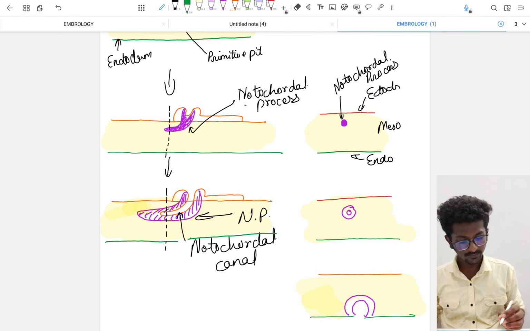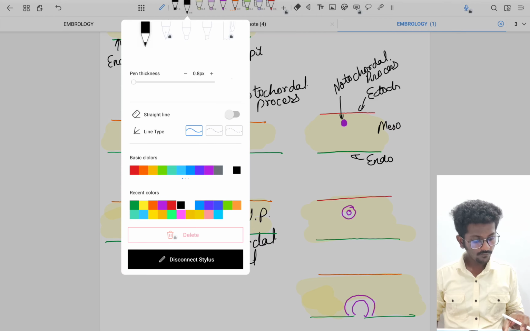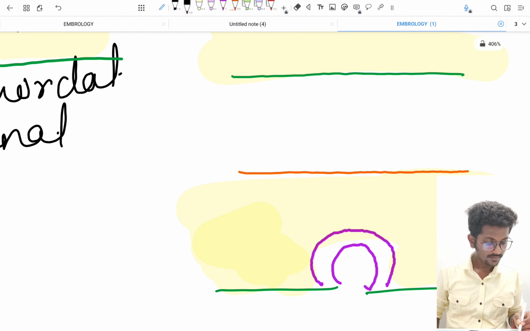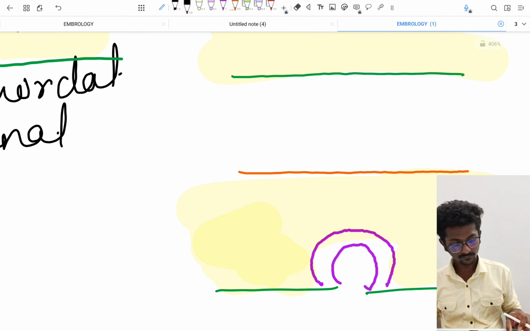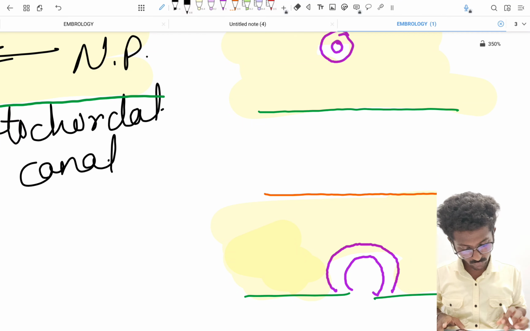So let's name them. Now what is this structure formed? See, this is an opening here.